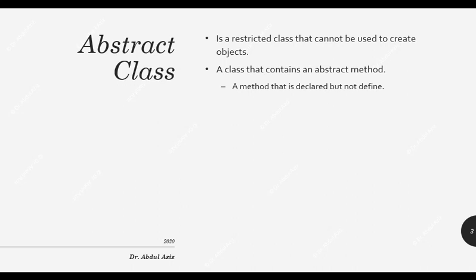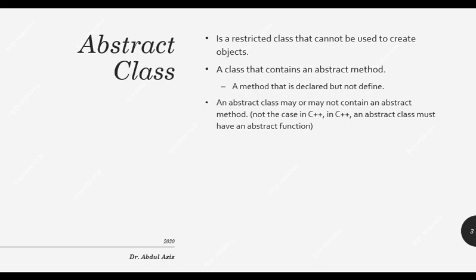An abstract method is a method that is declared but not defined, which means we simply declare the method and there will be no definition for this particular method, either within the class or outside the class.